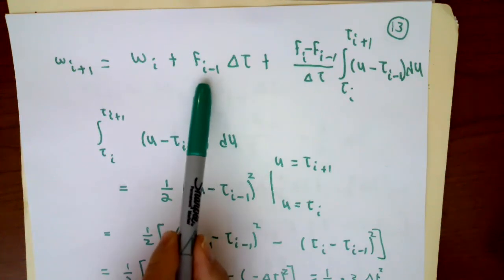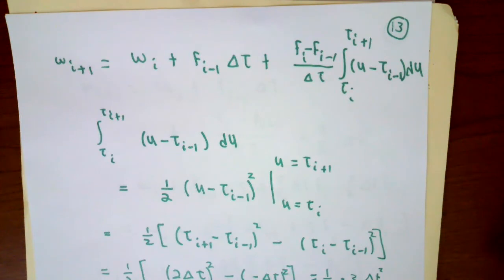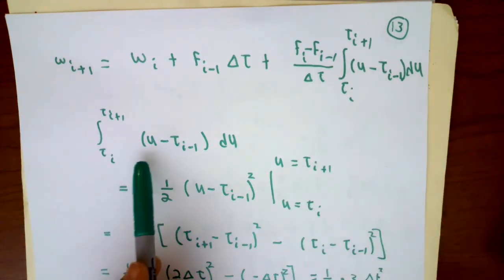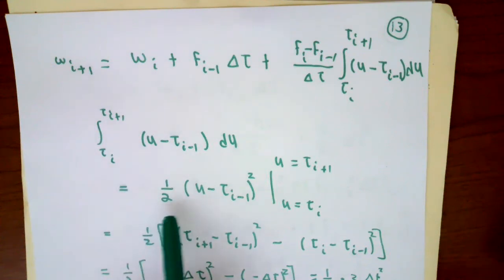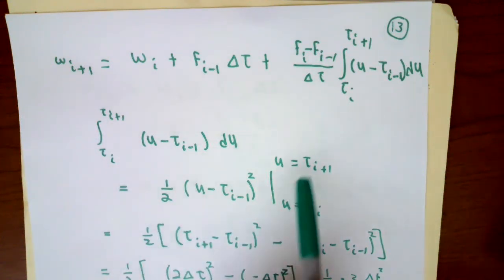It's fi minus 1 times delta t. In the second term, the ugly-looking fraction is just a constant, so I can pull it out of the integral, and what's left is easy enough to integrate. An antiderivative is 1/2 u minus ti minus 1 squared, evaluated between ti plus 1 and ti.